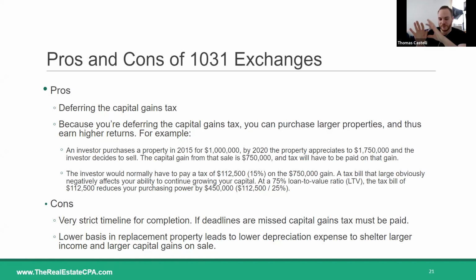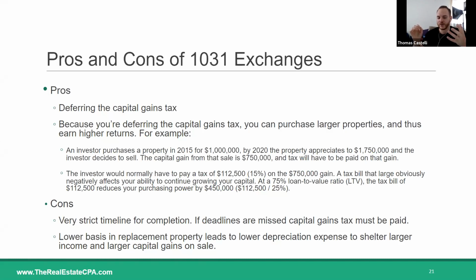I'm going to try to explain this quick to try to answer some questions before they happen. If you were to buy a property today for $4 million, your basis is $4 million. But the problem with a 1031 exchange is you're buying this property today for $4 million, but your basis in the original property you bought, likely the smaller property that was worth less money, is now going to be your basis.